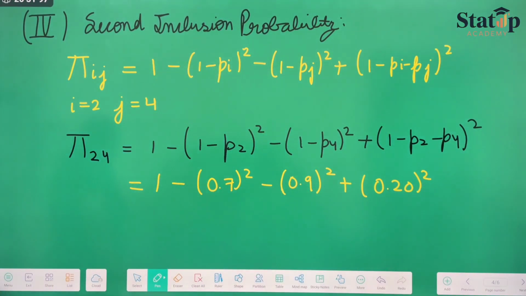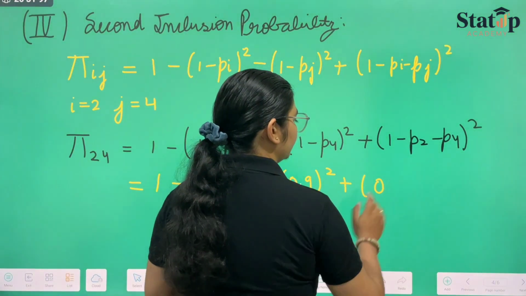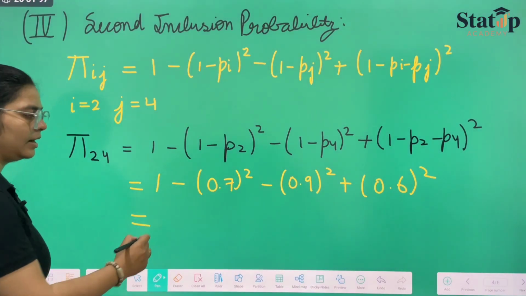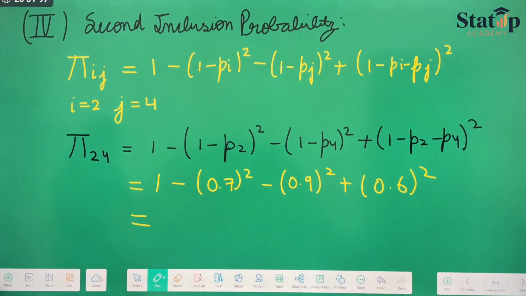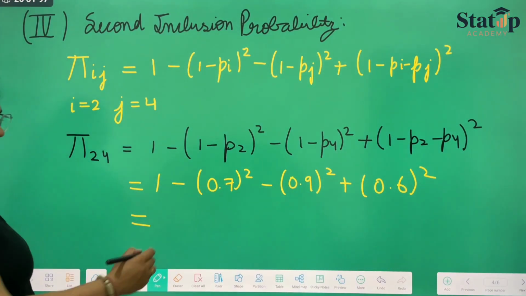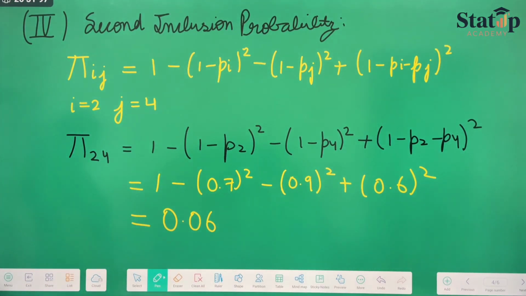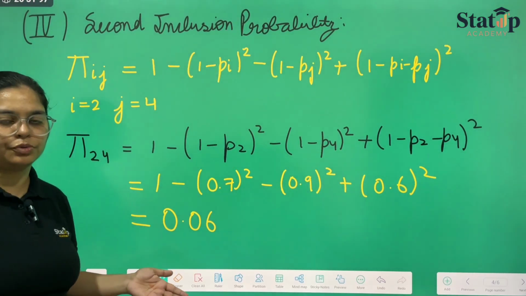Okay, this is your... seventy minus 10, so 60. It will be 0.6 whole square. When you solve this, you will get your final answer for the second inclusion probability as 0.06. Okay, so this is your answer for the second inclusion probability or the joint inclusion probability.